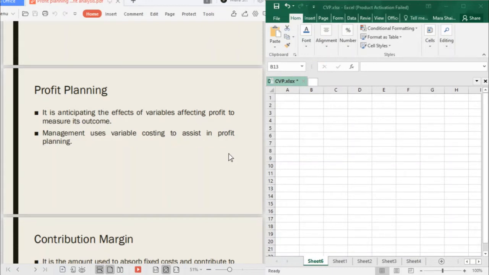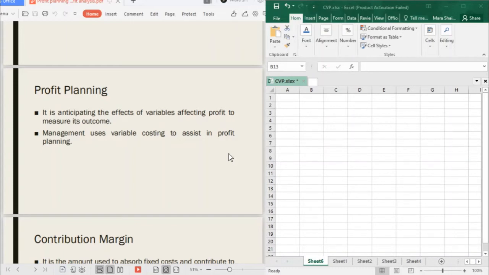Now, if we look at it at a per unit level, it is the opposite of your fixed cost. Your variable cost per unit does not change regardless of the change in production level or sales level. You should take note of that. We've already discussed that in our previous topics.